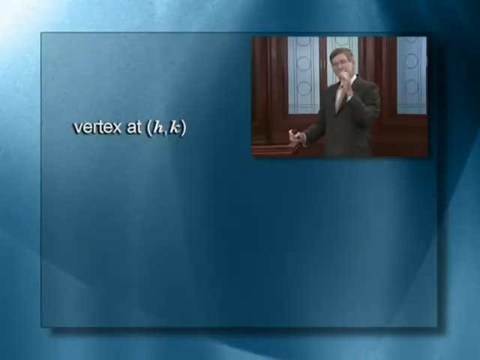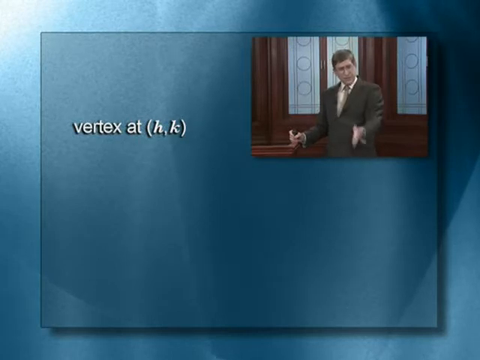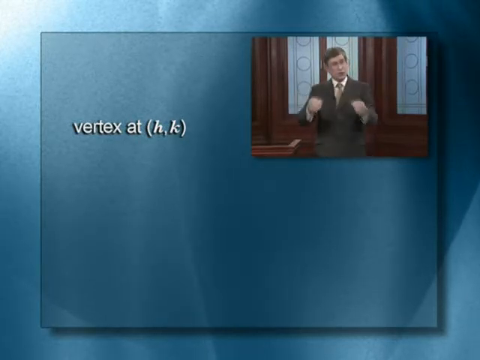There are really, in a sense, two kinds of equations. The first kind of equation talks about parabolas that either open upwards or open downwards. And then the second group are parabolas that open to the left or to the right. So let's dig in. If you have a vertical axis, then the parabola either opens upwards or downwards.